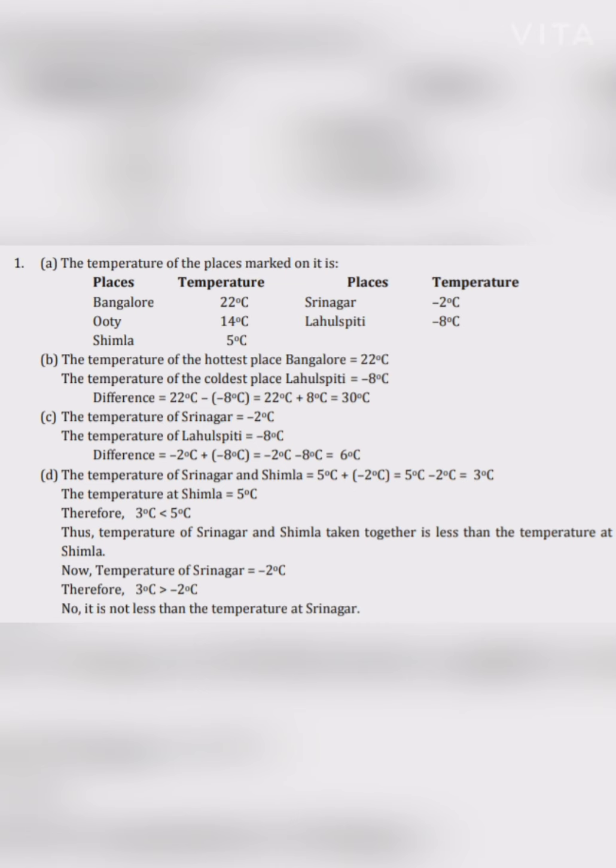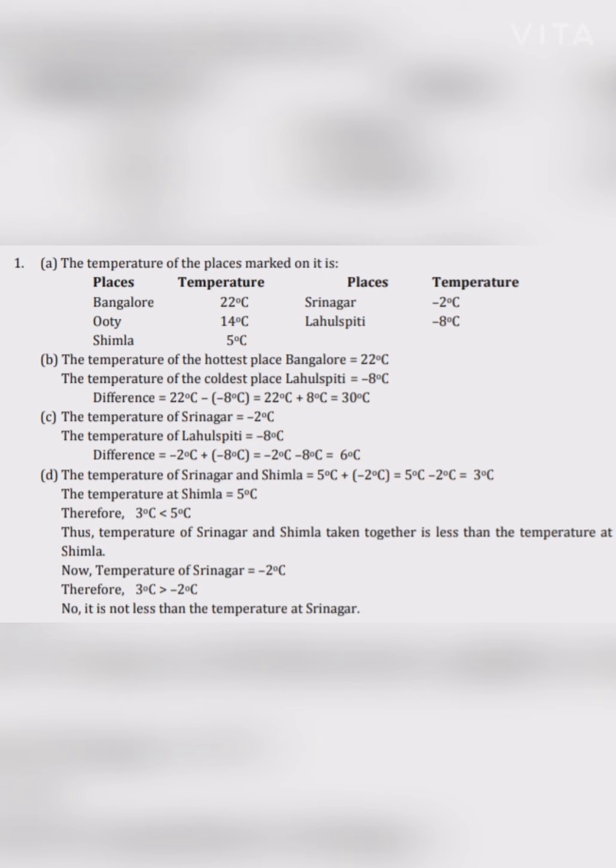We put the minus sign because in a difference question we have to put a minus sign. So minus minus becomes plus, 22 degrees Celsius plus 8 degrees Celsius is equal to 30 degrees Celsius, which is the required answer.